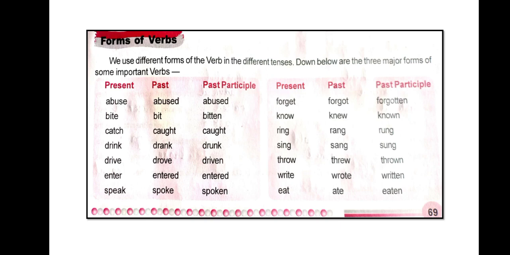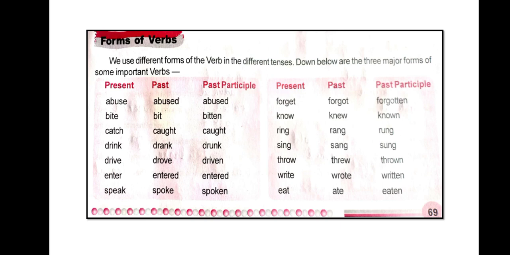Drive, drove, driven. Enter, entered, entered. Speak, spoke, spoken. Forget, forgot, forgotten. Know, knew, known. Ring, rang, rung. Sing, sang, sung. Throw, threw, thrown. Write, wrote, written. Eat, ate, eaten.